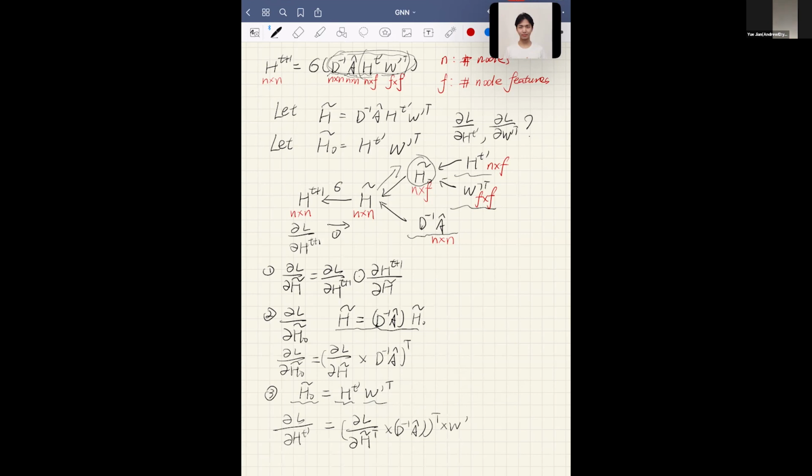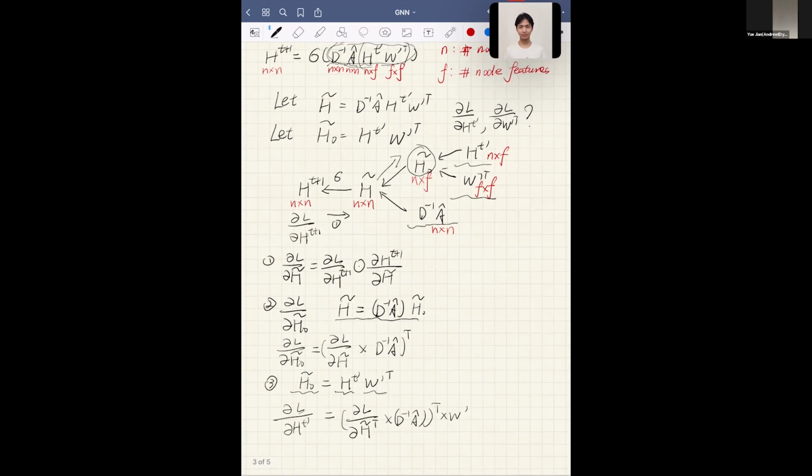d loss over dH tilde, plus the matrix H_t prime. Okay.